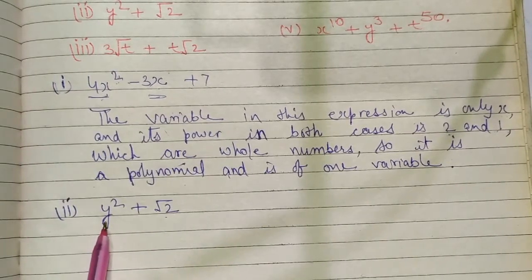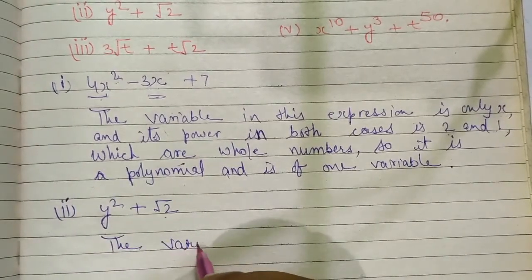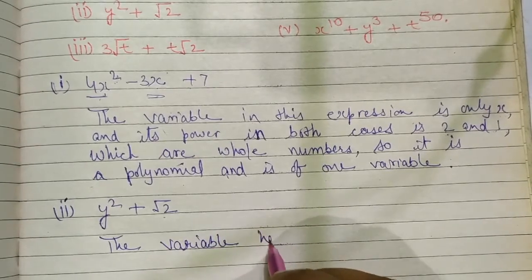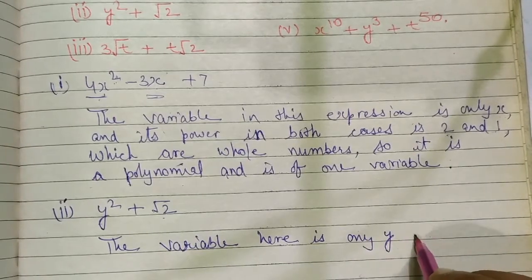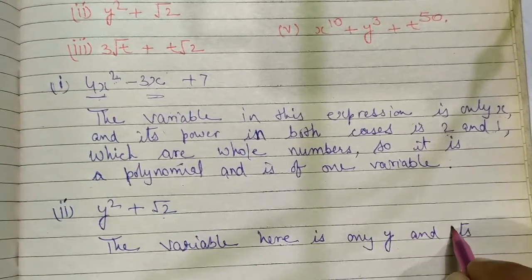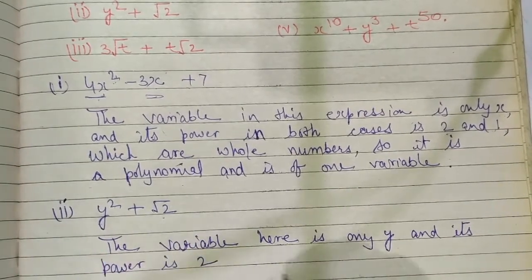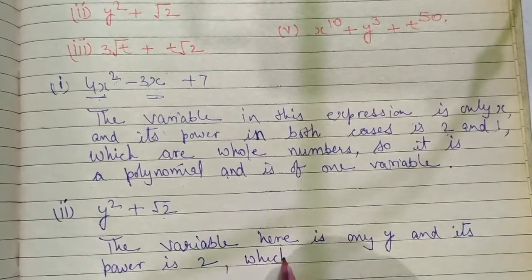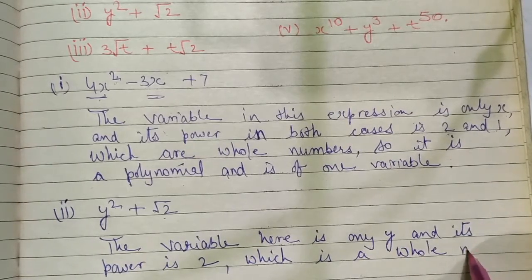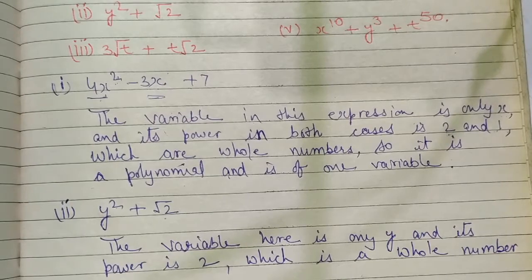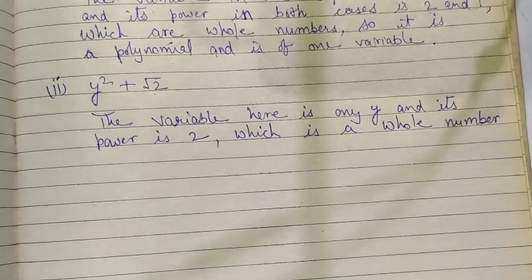Now here the variable here is only y and its power is 2, which is a whole number, okay, which is a whole number.